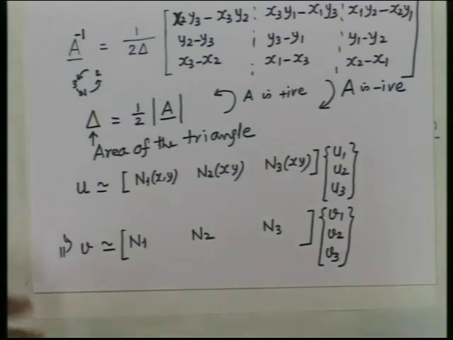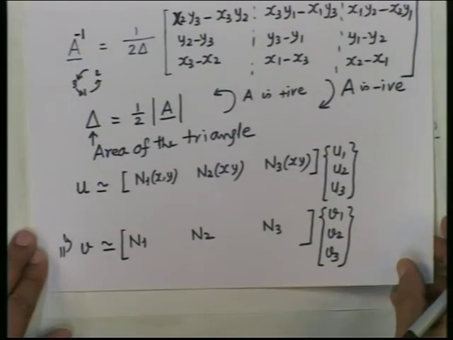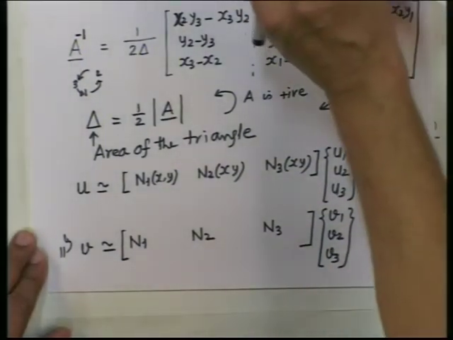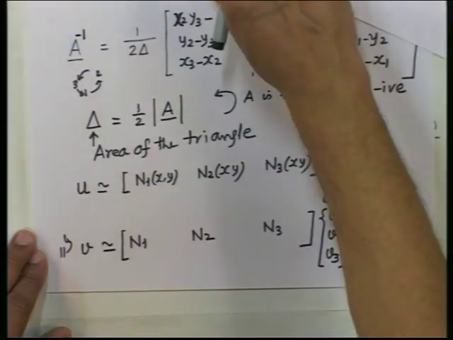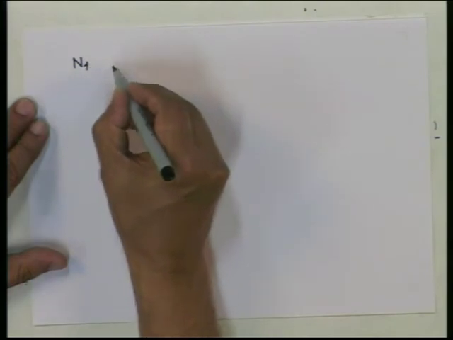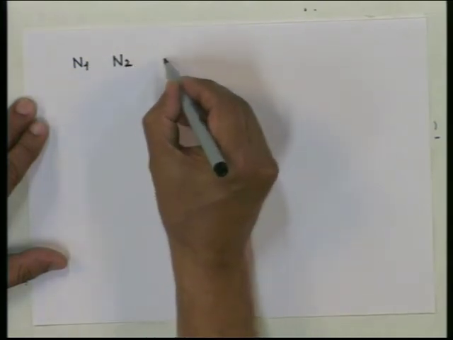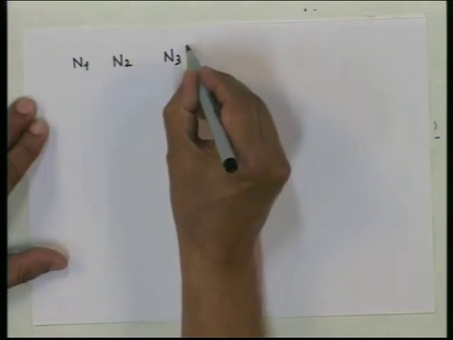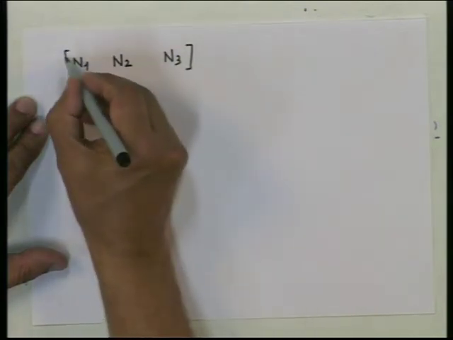After all, you have to do all the manipulations, there is no shortcut. N1, N2, N3, I can give all the 3 in one go.